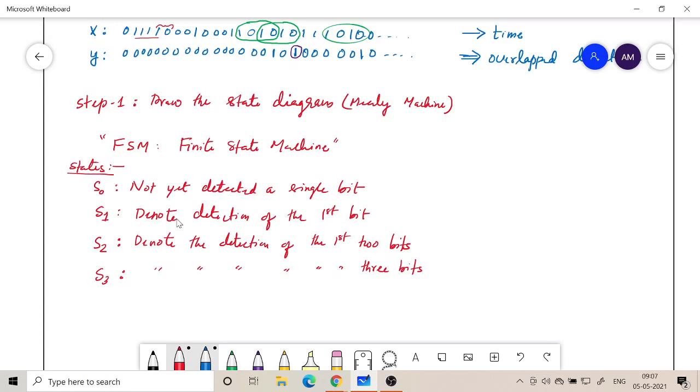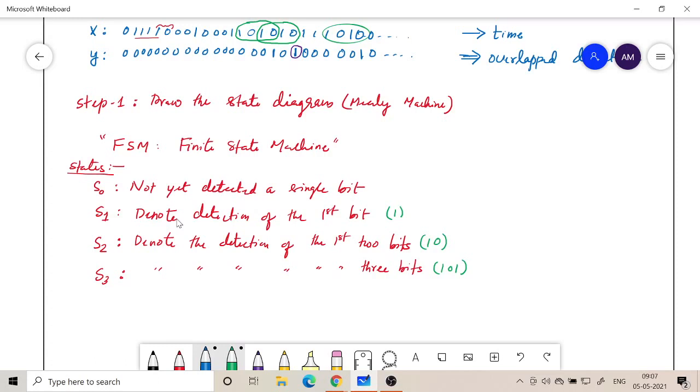Okay, now in Mealy machine, that's all what we require, because after detecting the 3 bits, if I write down the detected bits in bracket, so here I am detecting 1, and here I am detecting 1 0, here I am detecting 1 0 1.